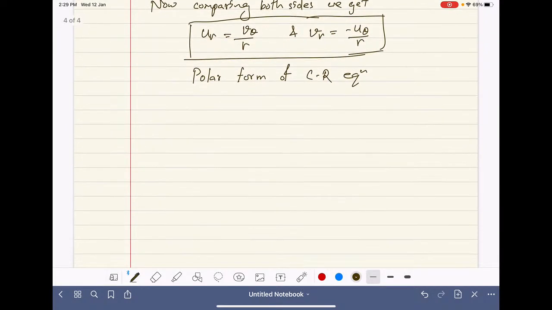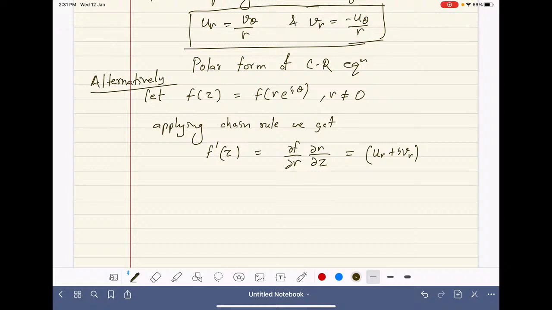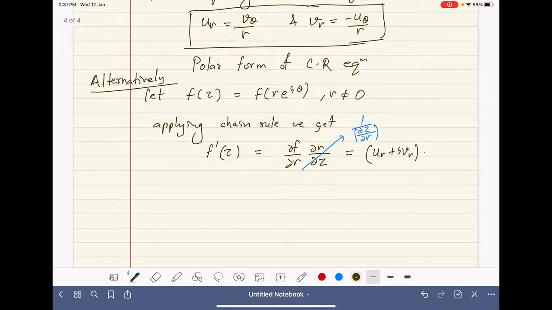Okay, dou r by dou z will be 1 by dou z by dou r, and calculating it we get e power minus i theta.